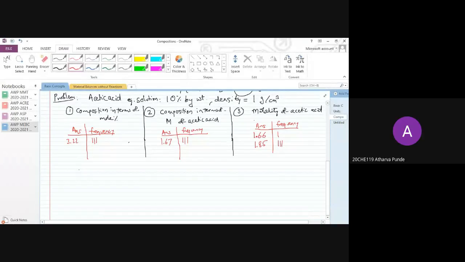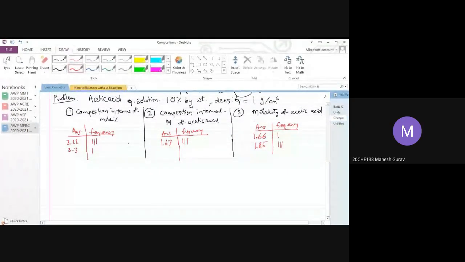The mole percent. Yeah, mole percent. 3.33, sir. 3.33. 3.6 did you say? 3.33. Yes, sir.